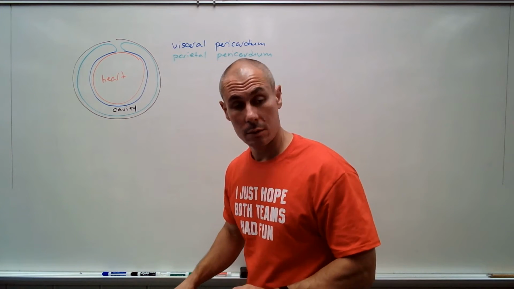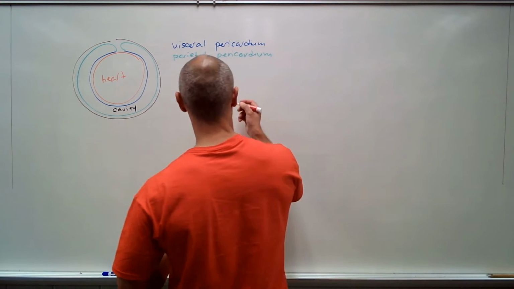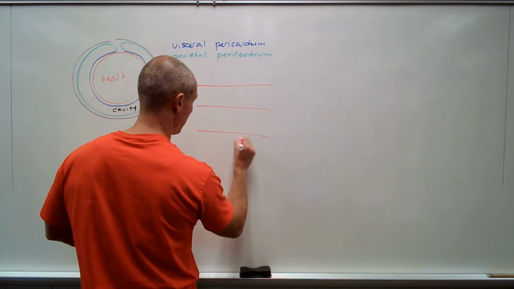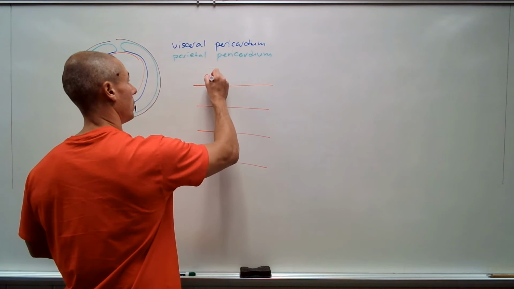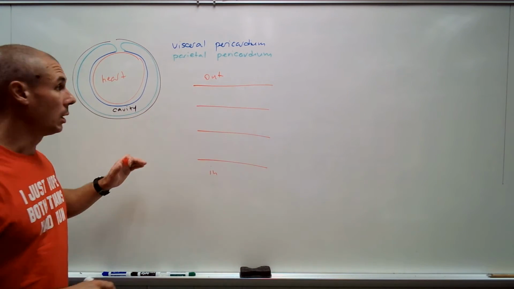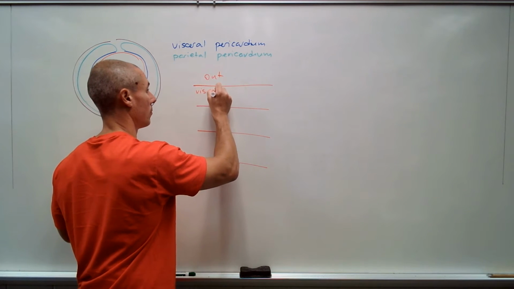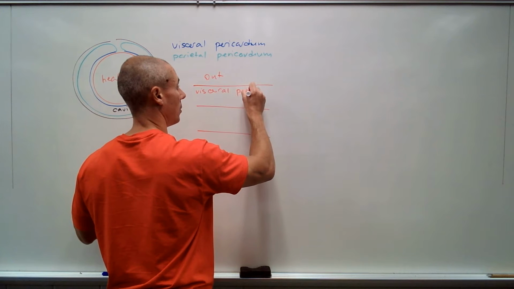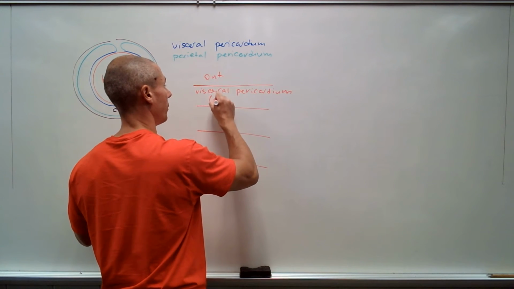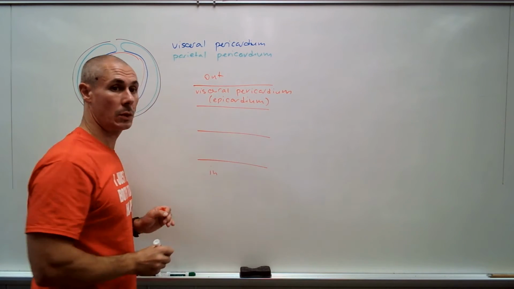We good? So if you look at the wall of the heart, the cross section, it has 3 layers. Okay, so outermost layer, which is a visceral pericardium, is also known as epicardium. Okay?